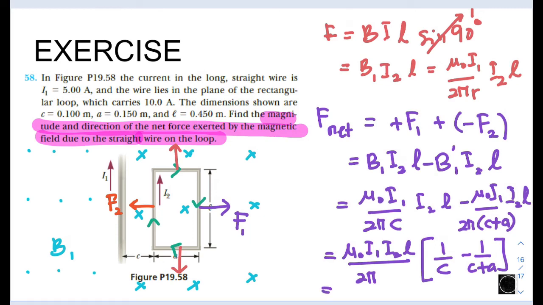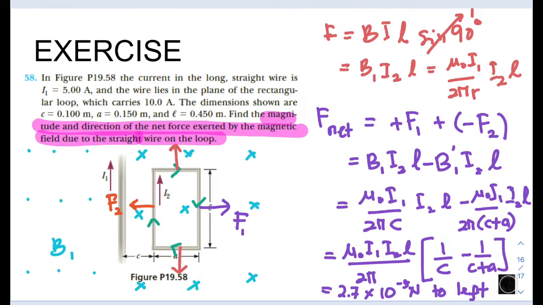By right, you're going to get the answer is 2.7 times 10 to the power of negative 5 Newton to the left.